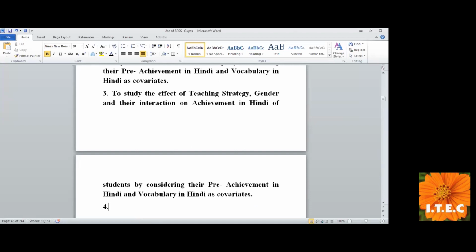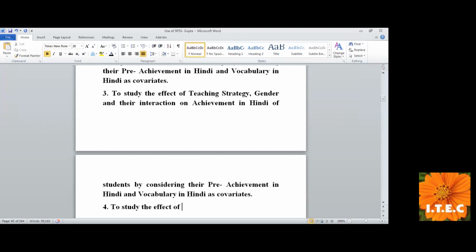I can write another: to study the effect. I'm writing the word effect because it was an experimental study. If it had been a survey study, then I would not have written the word effect. I would have written the word influence. So that is important, dear friends. You should understand that.